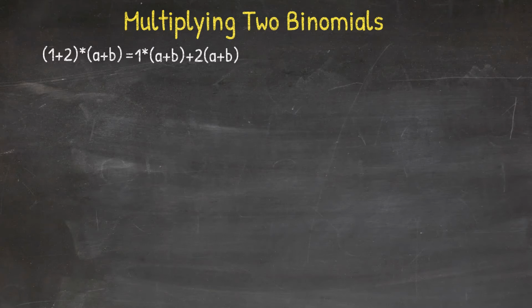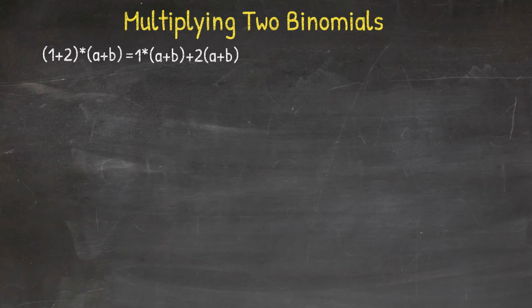So we get 1 times (a plus b), and then plus, we'll do the same for the second unit of the first binomial. Multiply it as well by the second binomial. So plus 2 times (a plus b). So if you take a second to analyze it, you will see that the logic here is very similar to the earlier exercises that we did.